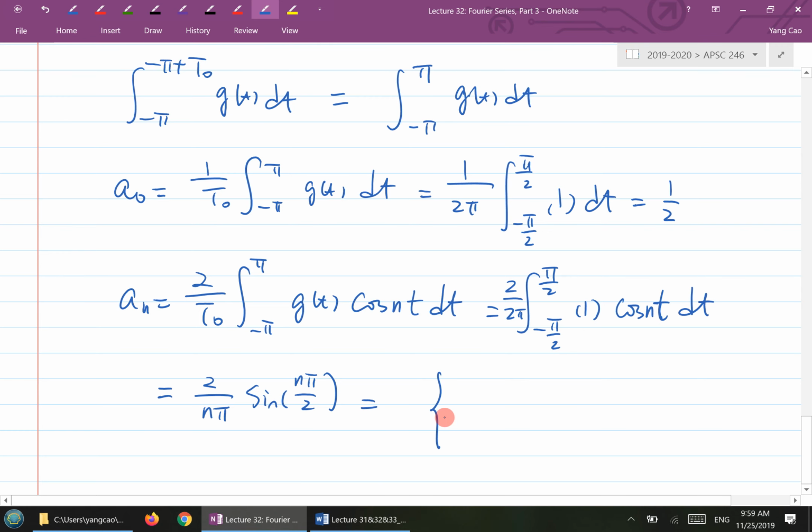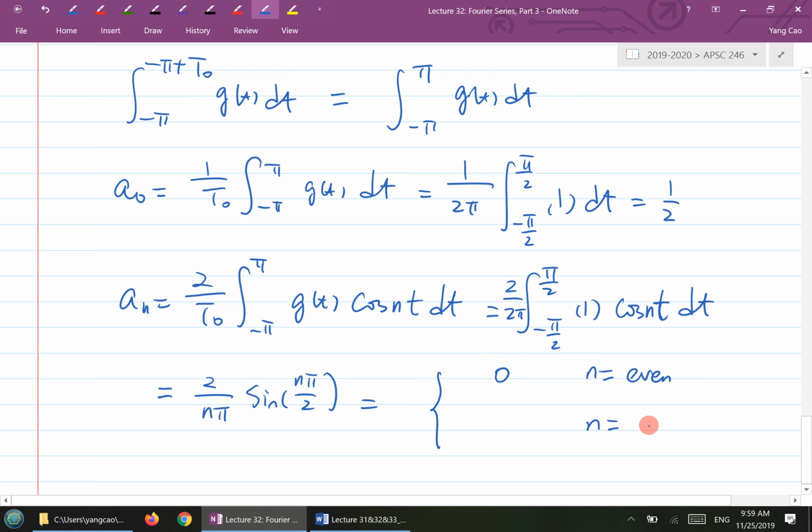You can write down the details. When n is an even number, so when n is 2 or 4 or 6, n divided by 2 gives a multiple of pi. Sine of a multiple of pi is 0, so when n is even, you get 0.